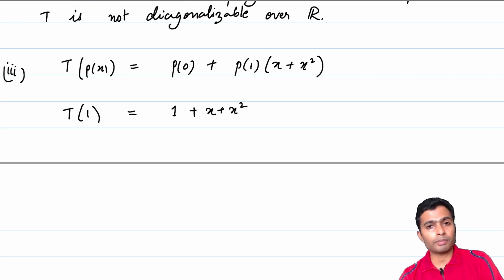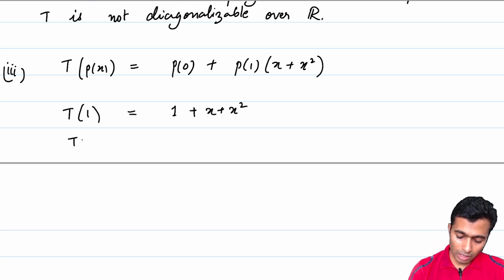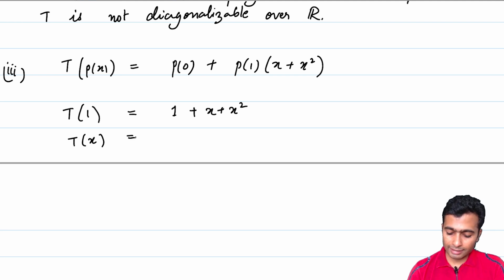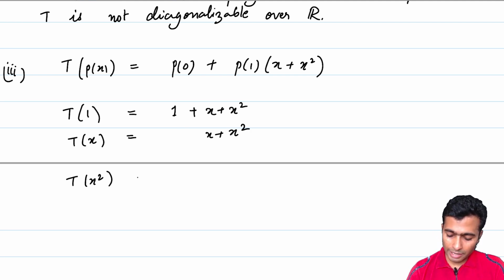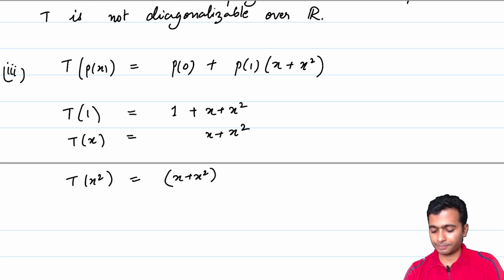So this is going to be 1 plus x square. How about T of x? P of 0 is just 0, and P of 1 is 1, times x plus x square. So just write it as x plus x square. How about T of x square? That will also be x plus x square, as you can check.